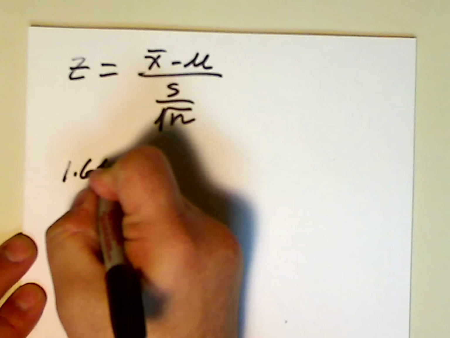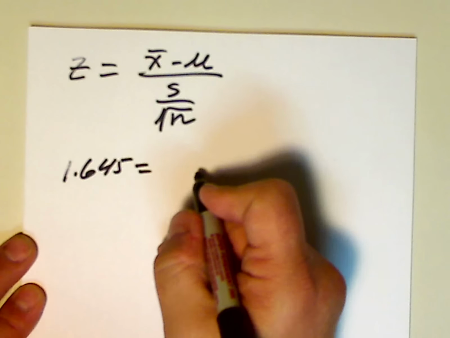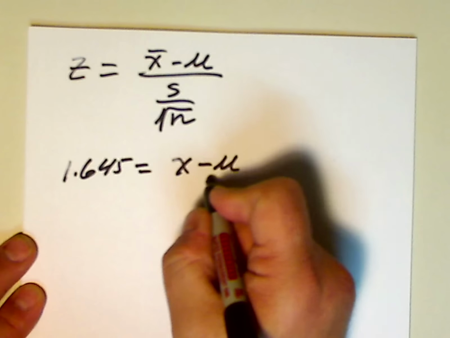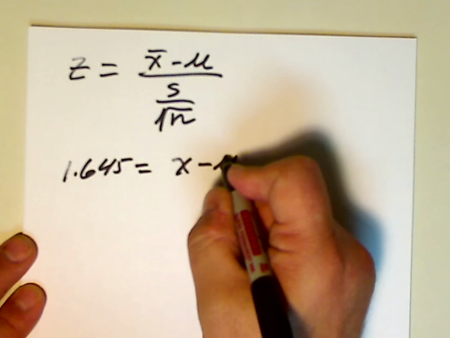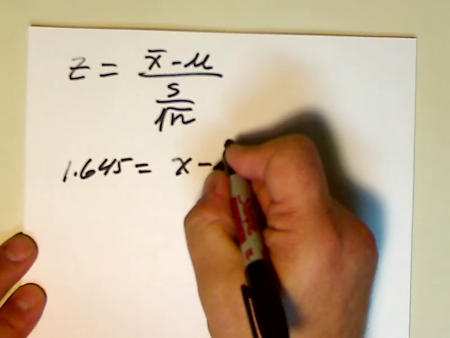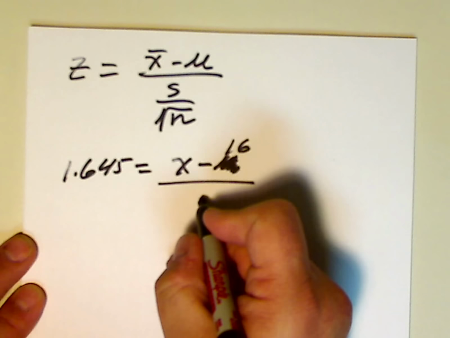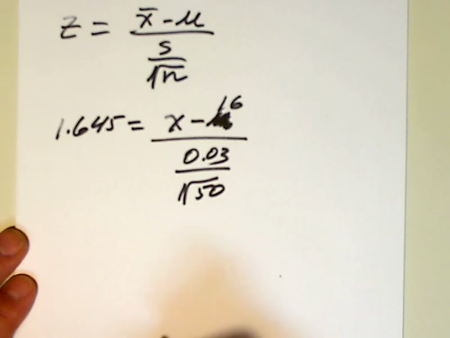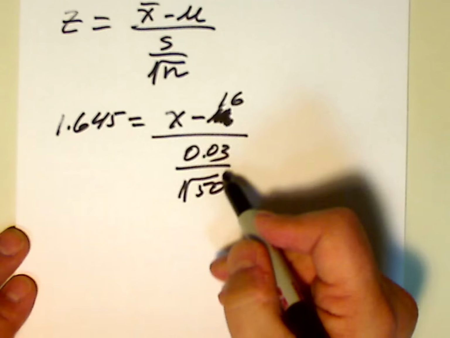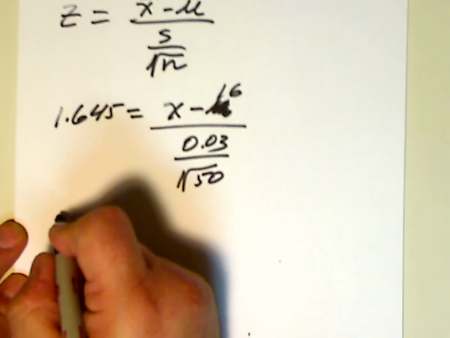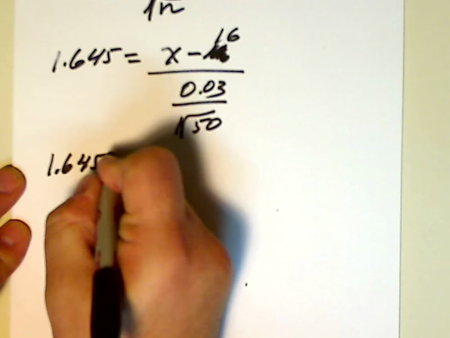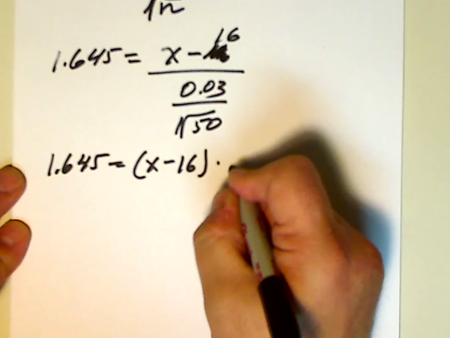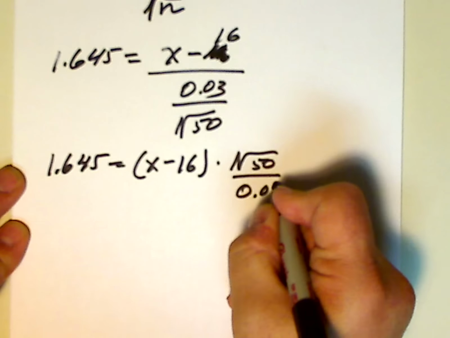So 1.645 is equal to x minus mu, where mu is 16, over 0.03 over the square root of 50. Now, how do we handle this compound fraction? We invert and multiply, so we're going to have 1.645 is equal to x minus 16 times the square root of 50 over 0.03.